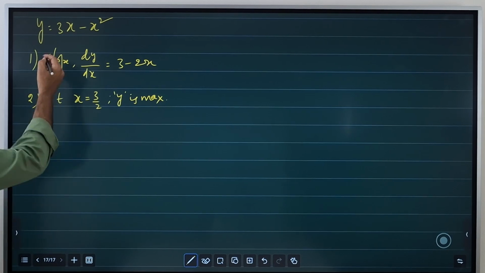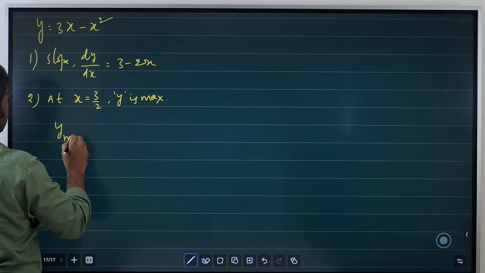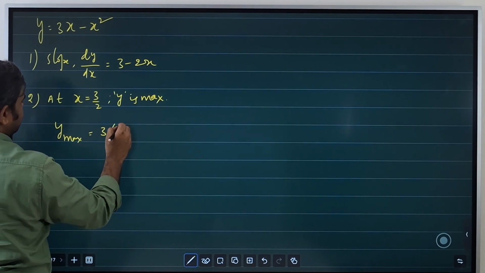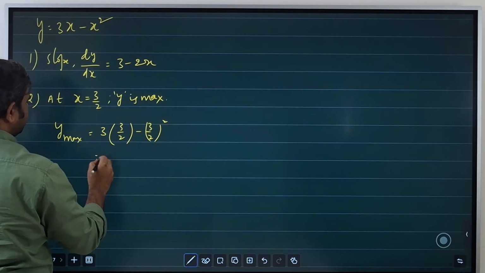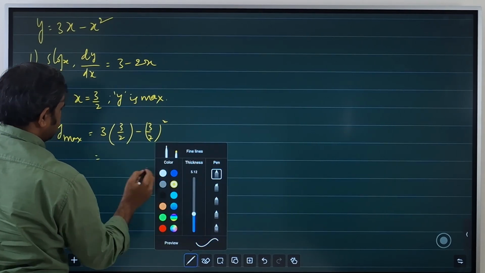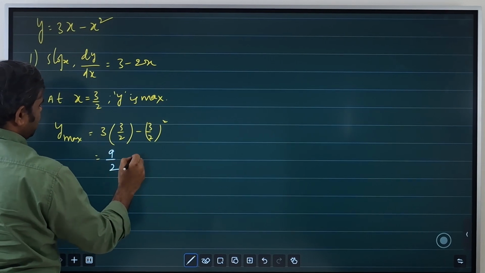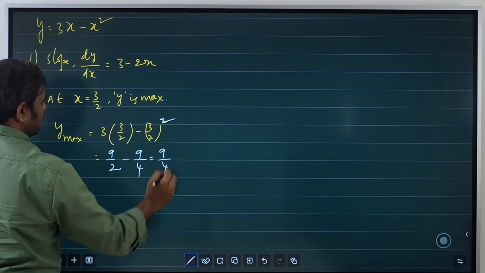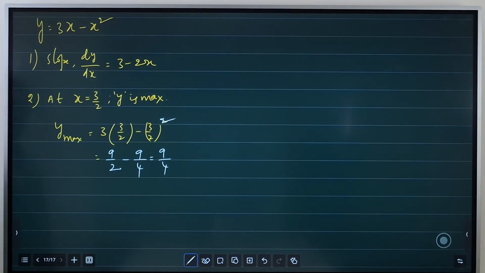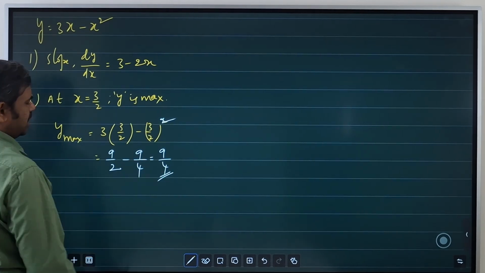Substitute 3 by 2, you will get the maximum value of y. So 3 into 3 by 2 minus 3 by 2 whole square. This is 9 by 2 minus 9 by 4, which is 9 by 4. Maximum value of y is 9 by 4.